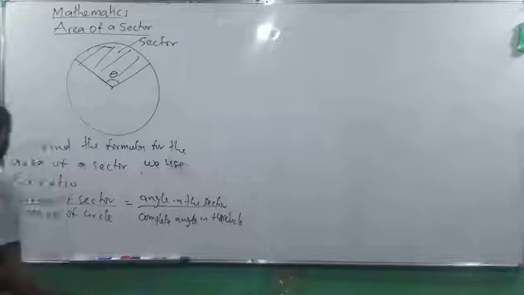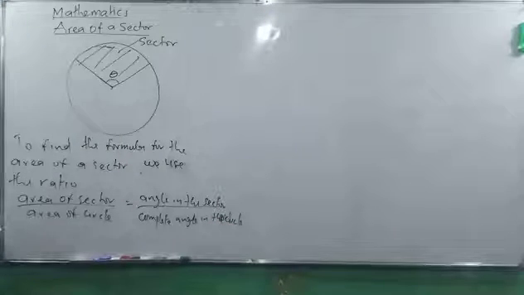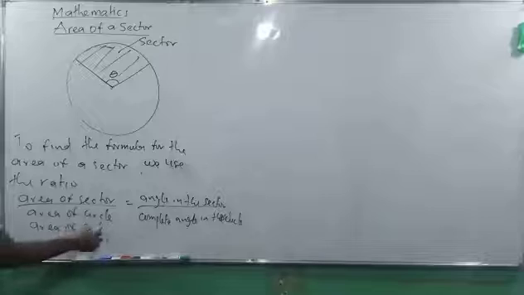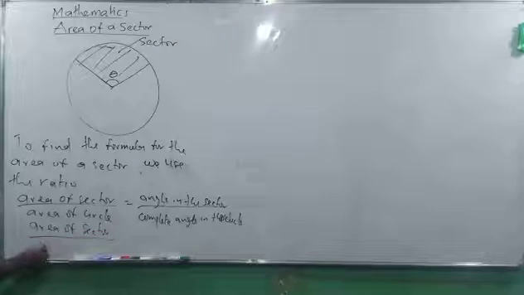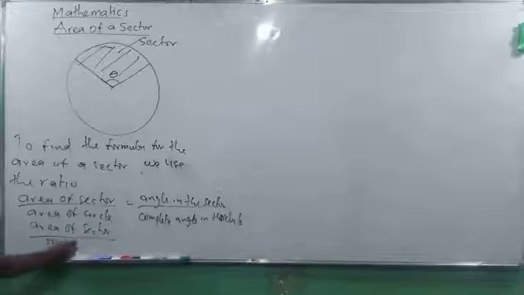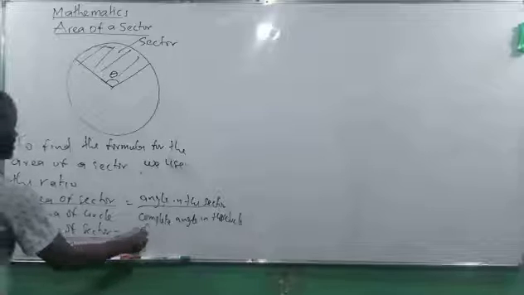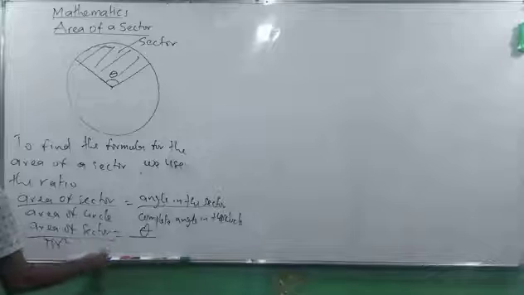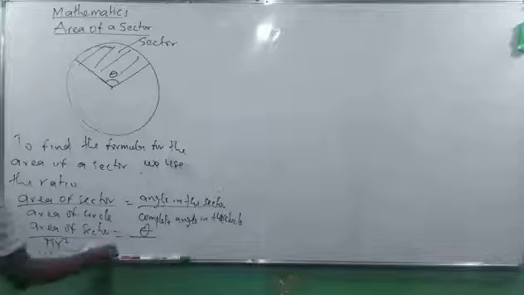Now, that is what we are trying to do here. Now, we don't know the area of a sector. Area of sector, we don't know it, divided by area of circle, which is pi r squared, equals to theta all over what? The complete angle in the center, it will be 2 pi.